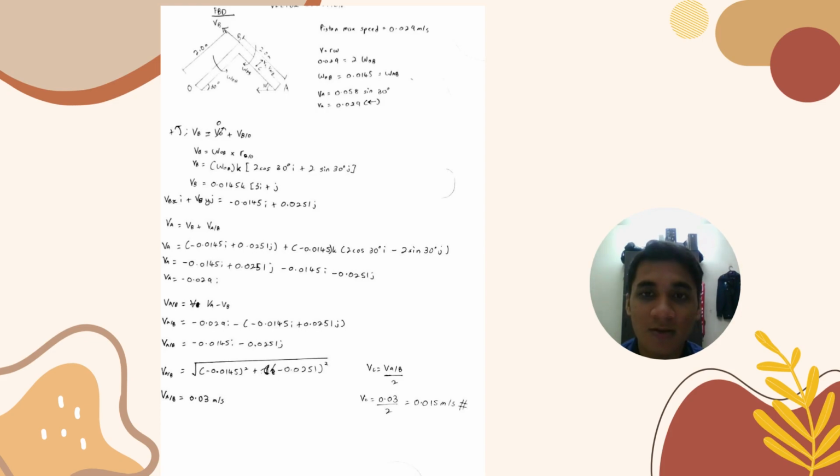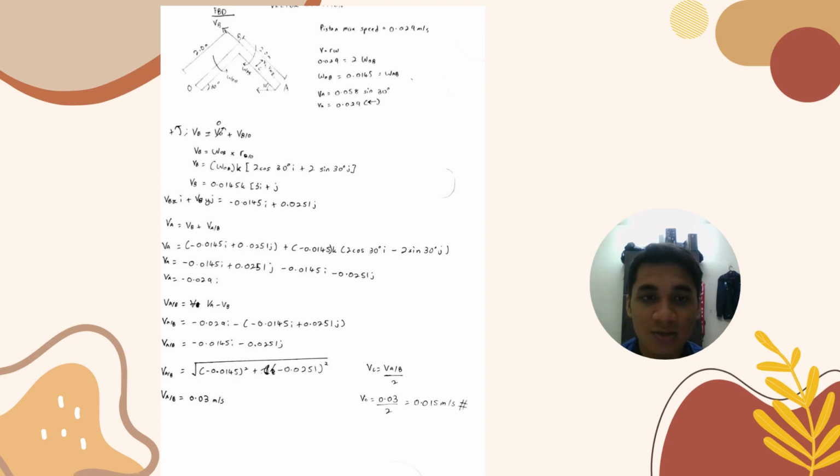Then I find VB by stating that the counterclockwise direction is positive, and I use VO plus VB from O, and I get the VB is negative 0.0145 I plus 0.0251 J. Then I find the VA in vector form, which is negative 0.029 I, by using the equation VB plus VA from B. Then I find the VA from B by using the equation VA minus VB, and I get negative 0.0145 I minus 0.0251 J in vector form.